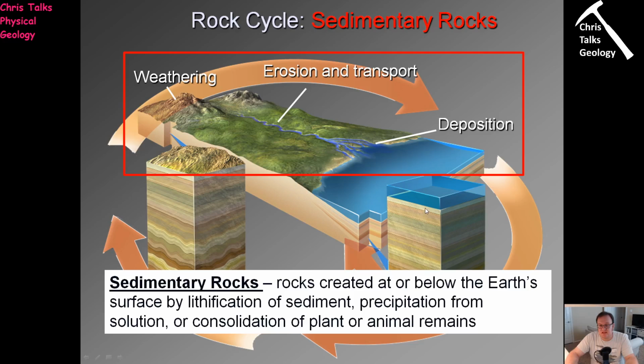Now this means that layers which are initially at the top of the stack, like this cream coloured layer here, will steadily have more and more material deposited on top of them, and so they will steadily get pushed deeper and deeper into the stack, into the sequence.